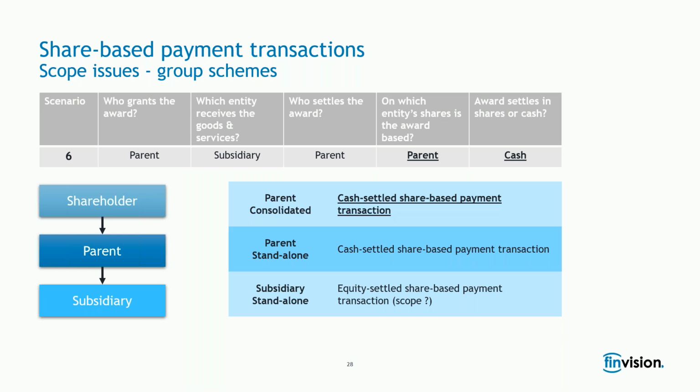So here again, the special item is the fact that the subsidiary is receiving goods and services, but they themselves do not have an obligation to settle it in cash because it's actually the parent who is settling these. So again, as you can see, there are a number of examples where the treatment between your different group entities is impacted by who is granting, who is settling, and who is receiving the goods and services.